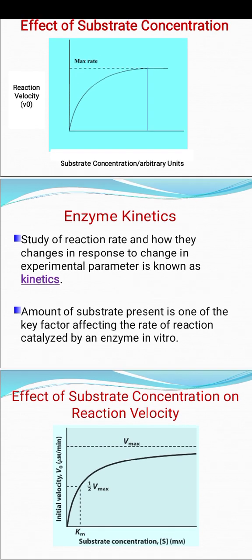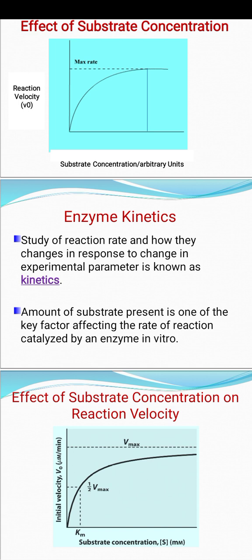That situation is the Vmax, meaning velocity is maximum. But we see in the curve, at half of the increase in the substrate concentration, the velocity is half of the total maximum velocity.